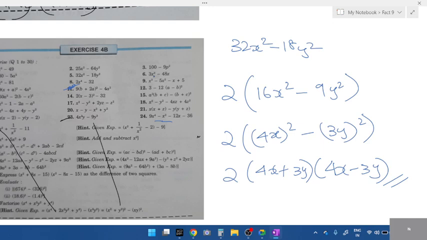Take out common. What is common? 3 and 48. I know 3 is not perfect. If it is not perfect, what did I tell you all? Take out the common first. Then you'll get the perfect square value. Take 3 and x. You'll get 16. X square minus 16. Sorry, x square minus 16.